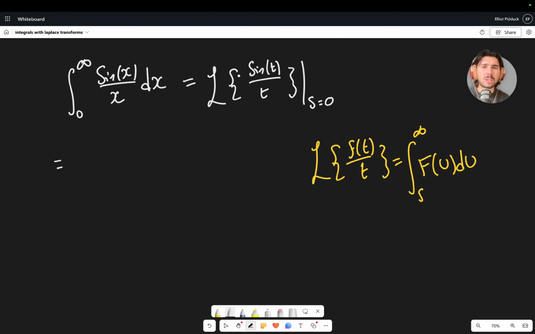So we can replace the Laplace transform of sine t over t with the integral from s to infinity of the function that sine t Laplace transforms into. We actually just did it earlier in this video. That's just going to be 1 over s squared plus 1.